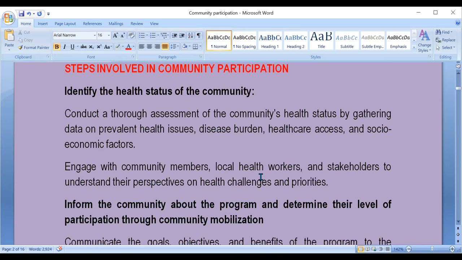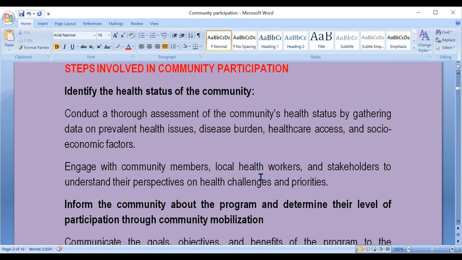Then we also engage with the stakeholders to understand their perspectives on health challenges and priorities. By the time you have discussed with them, you will understand their view about the level of health in that community and what their priority is.